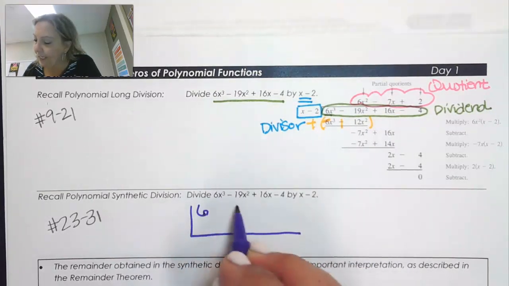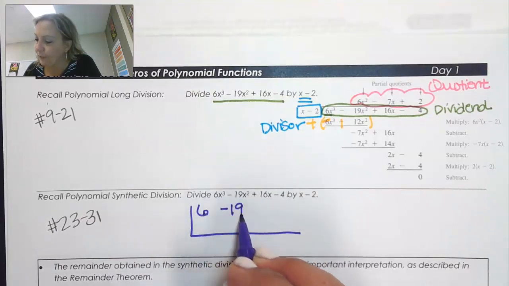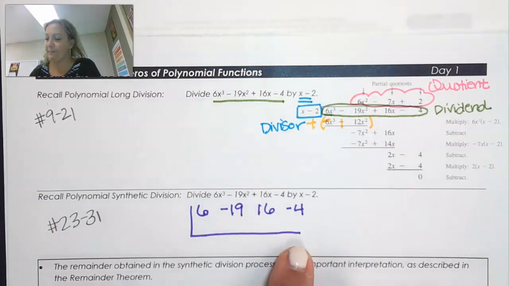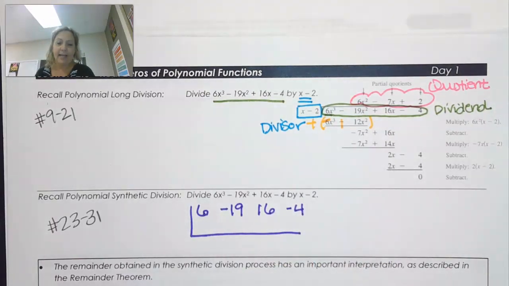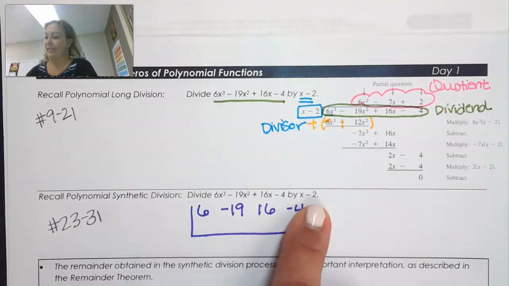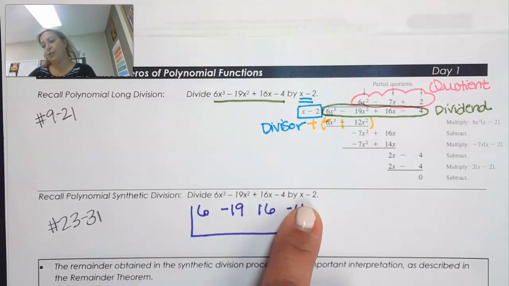If there are ever any missing degrees, we would put a 0 in place of that, but there isn't. And we put those coefficients up here, and now we want to divide by x minus 2.